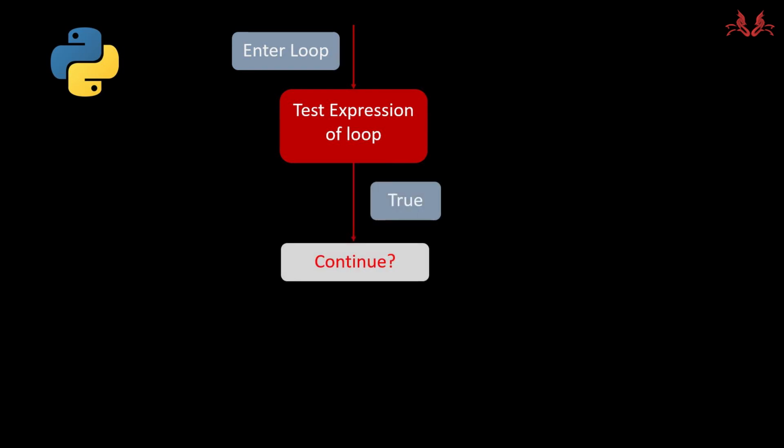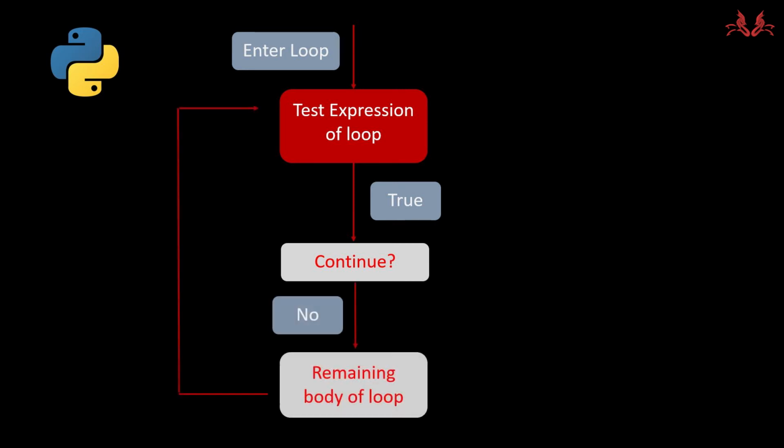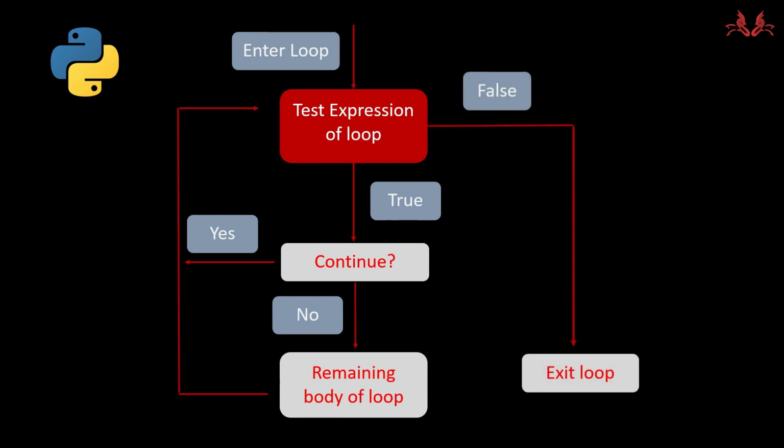If it is true, it will evaluate whether it will continue or not. If it is not, it runs the remaining body of the loop and goes back to the test expression of the loop. Or if it is yes, it will skip this variable in this condition, but it will still go to the test expression of the loop and execute the loop again. Alright, this is the whole flow control of continue in the for loop.